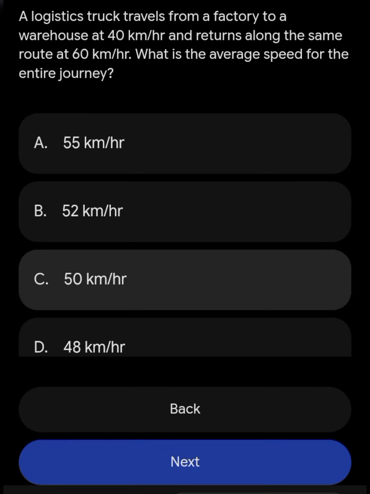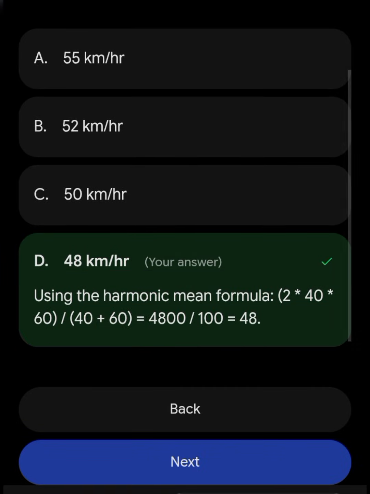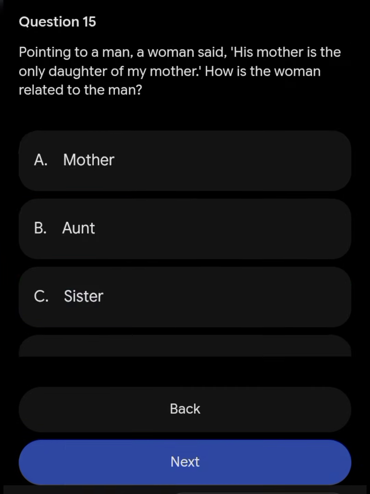For this we can use the simple formula: 2ab upon a plus b, which is 2 into 40 into 60 upon 40 plus 60, which is 100, and 40 into 60 is 2400, so 4800 by 100, means we get 48 kilometers per hour. Yes, you can have a look over that.